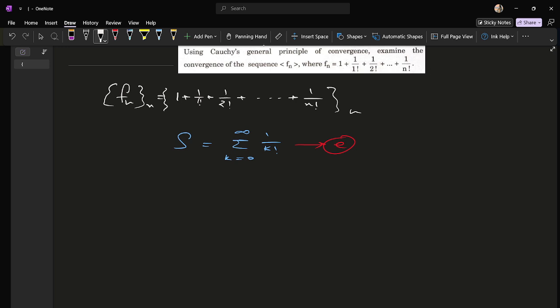Now, to examine the convergence using Cauchy's general principle of convergence, we have to proceed as follows. So what is Cauchy's principle of convergence?